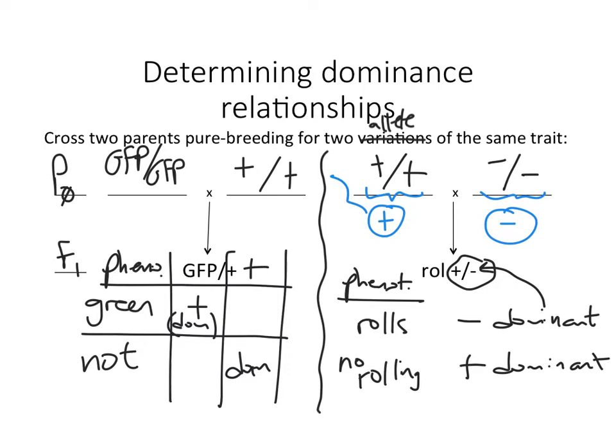This leads to a very important point: not every allele has a dominance relationship compared to other alleles. So it is not true that every allele is either dominant or recessive to another allele. In some cases there are dominance relationships, in other cases not.